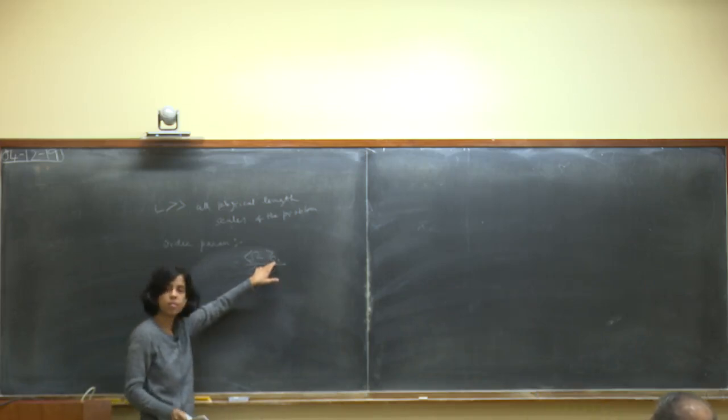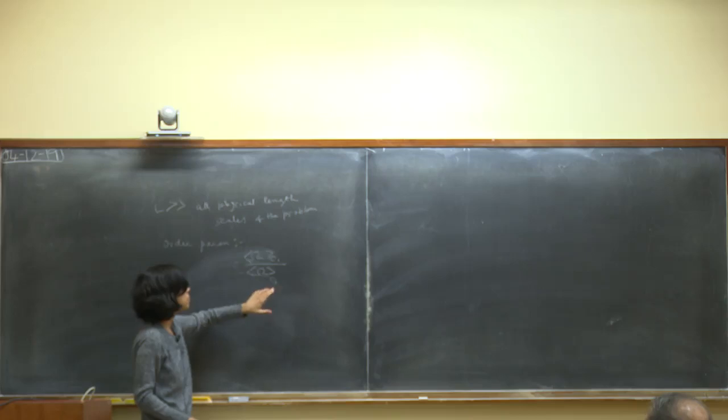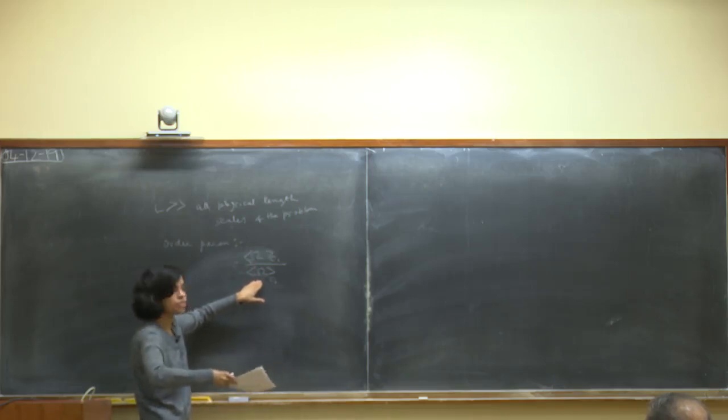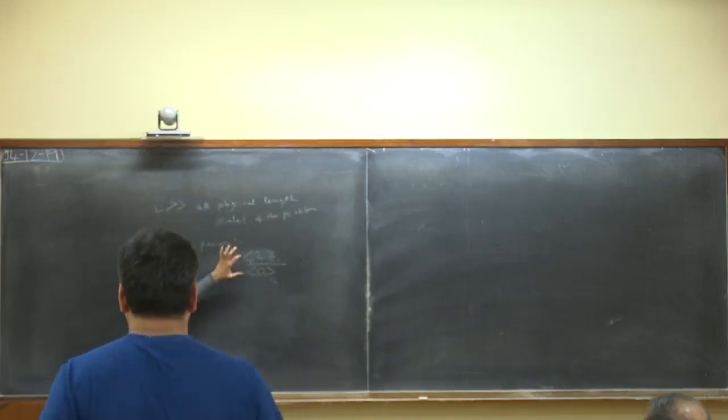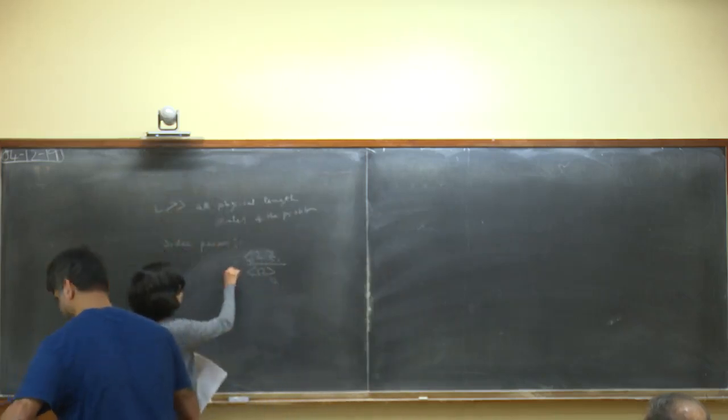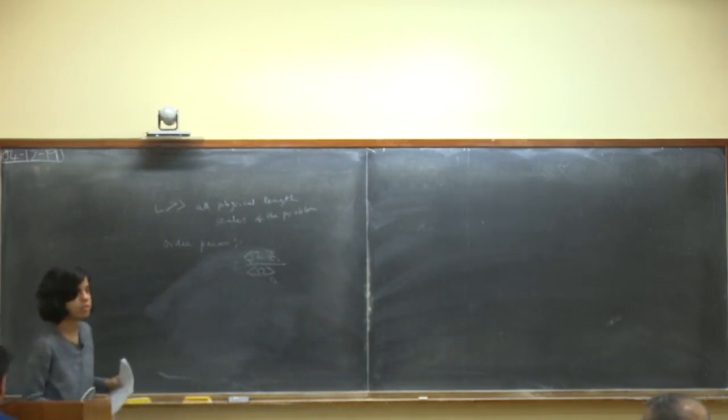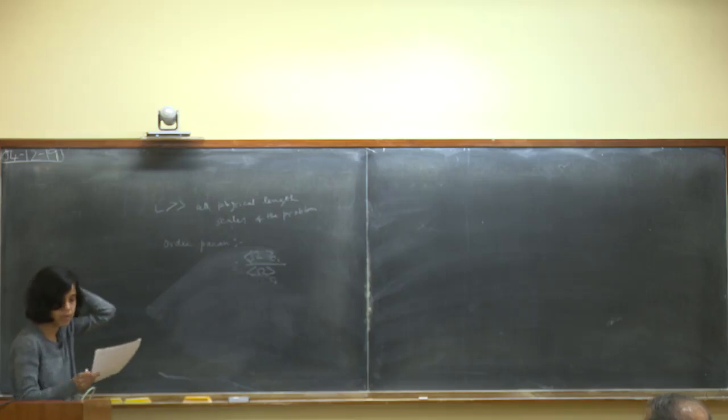So this C1 is a path that goes around a vortex. But then I take a ratio of that Wilson loop with a path that does not go around the vortex. So C0 is a path that does not go around the vortex. Okay, so that's what I mean when I talk about the order parameters. So these two are kind of important, and I'll use them as I go on.